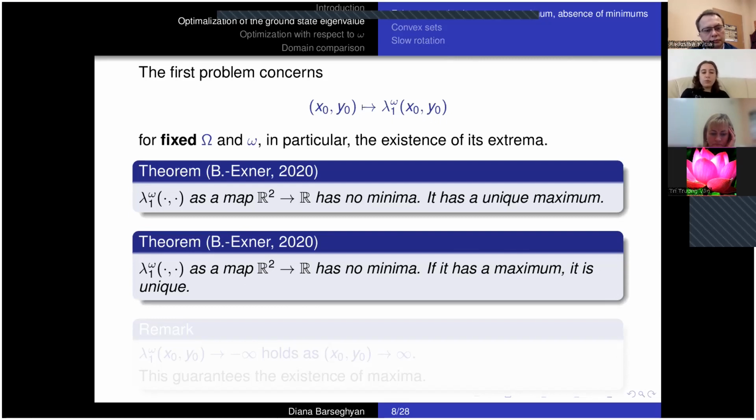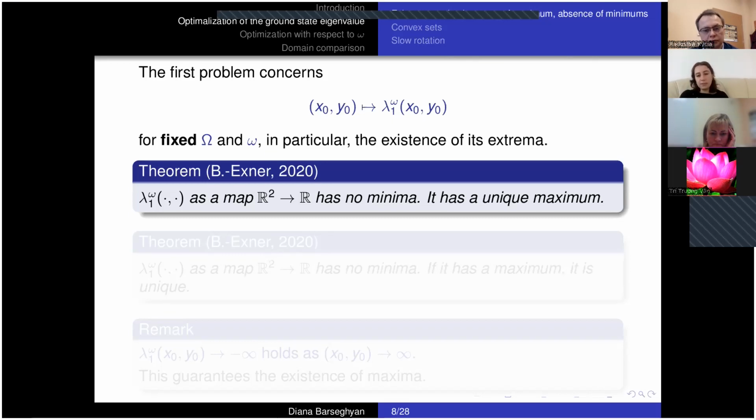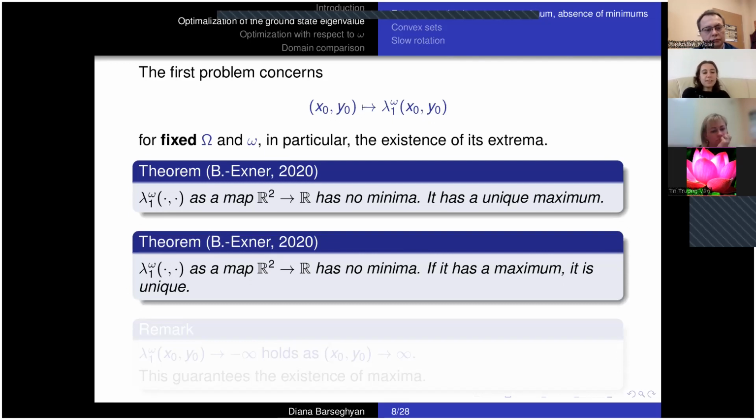And how to prove this result? I will give a small sketch of the proof. Next slide, please. This is part of the sketch of the proof of the first result. We first prove that λ1 has no minimum, since it goes to minus infinity when the variable (x0, y0) goes to infinity.